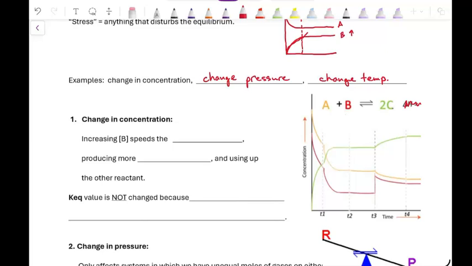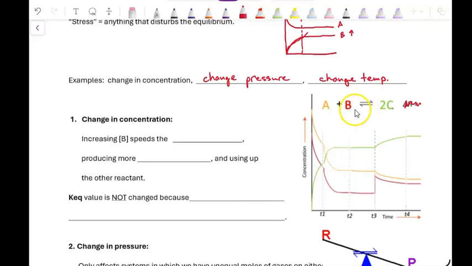So if I add more of B, and Le Chatelier's principle says that the system will always try to undo or relieve whatever stress we do to it, well, if adding more of B is the stress, then it hopefully makes sense to you that the reaction system would try to use it up to get rid of it. So if we add more, the reaction system will shift in the direction that relieves that stress, which would mean taking away B. So which direction, forward or reverse, would use up B?